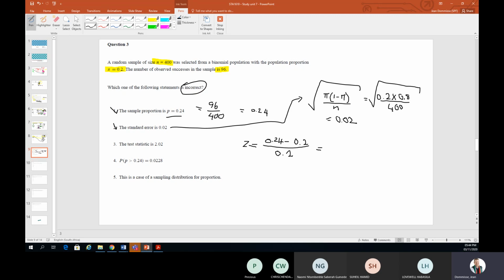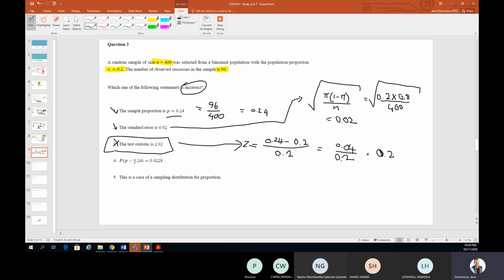Okay, calculate it again. 0.24 minus 0.2 is equal to 0.04, divided by 0.2 gives me 0.2. Okay, that is weird. Okay, so is that one then wrong? Because that is what we needed to get. Let's just quickly check the other one.